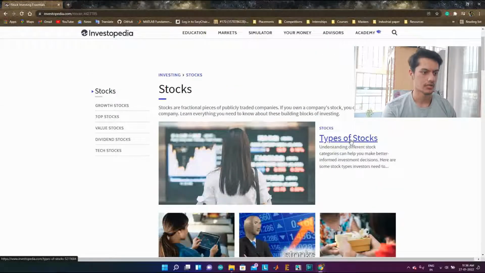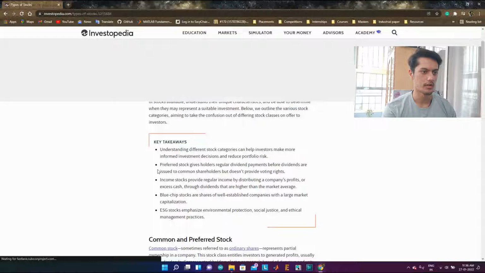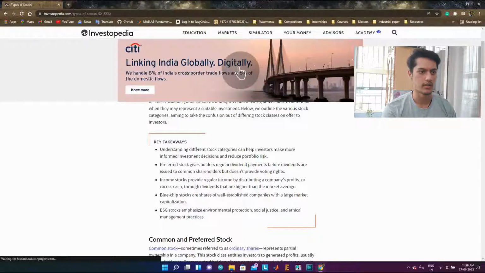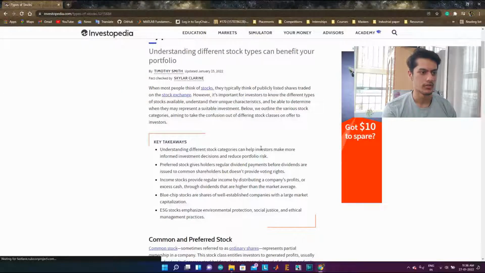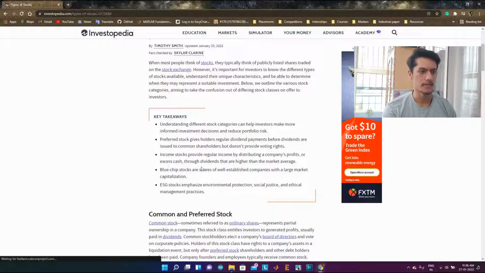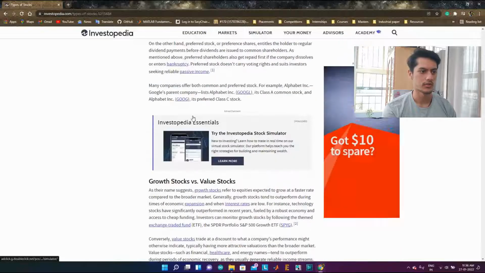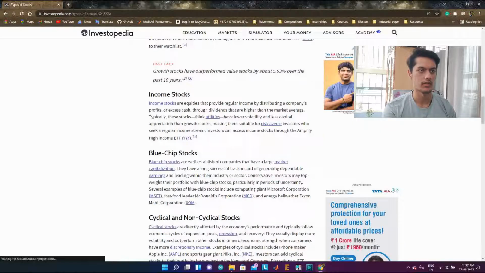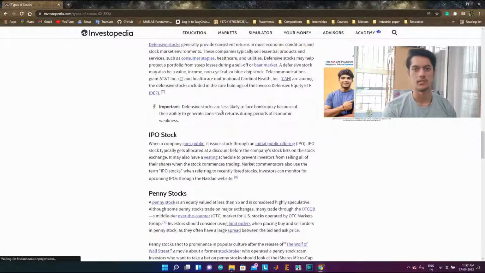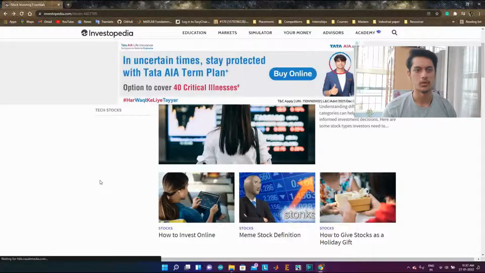When I click on types of stocks, it shows you key takeaways, that you're going to understand different categories of stocks. You can understand what blue chip stocks are, income stocks, and all that. And you have growth and value stocks and multiple stocks right here. So this website again gives you a clear insight of how to invest.